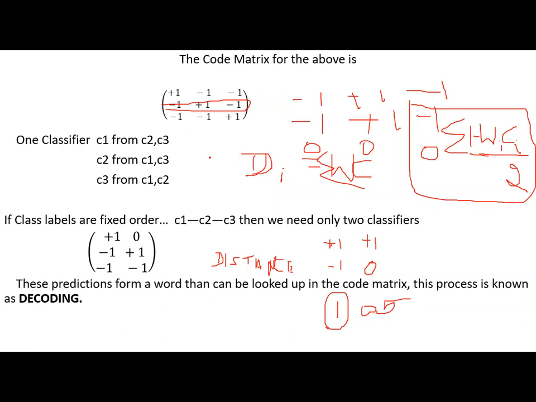And if one of the bits is 0, the distance is said to be 0.5. You can calculate here 1 into 0 is 0, 1 minus 0 is 1, 1 by 2 is 0.5. Very clear, 0.5. So this is how distance is calculated for each classifier. After that, whichever gives the minimum distance is said to be the trusted one or estimated one. Okay, so let us see an example for this.